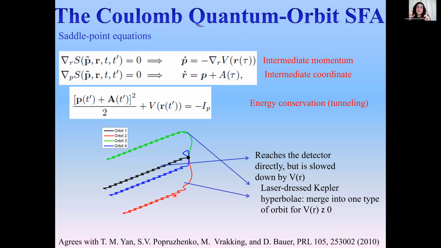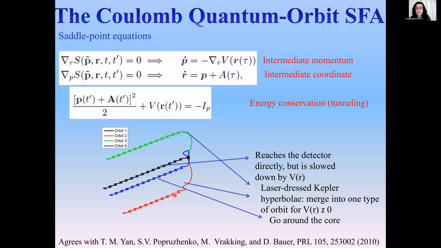You change the direction of the transverse component of the momentum, transverse to the linearly polarized field, whereas for orbit 2, you don't have that. Orbit 3 has no strong field approximation counterpart, something hybrid between rescattered and direct. And orbit 4 is something that goes around the core.